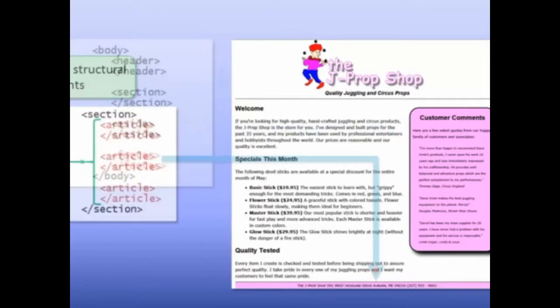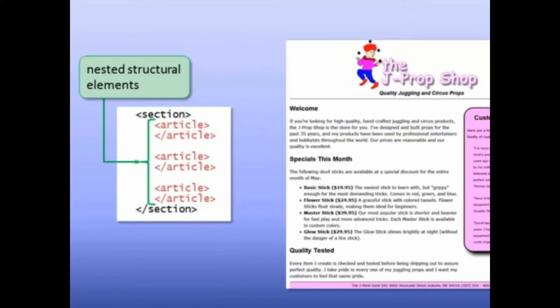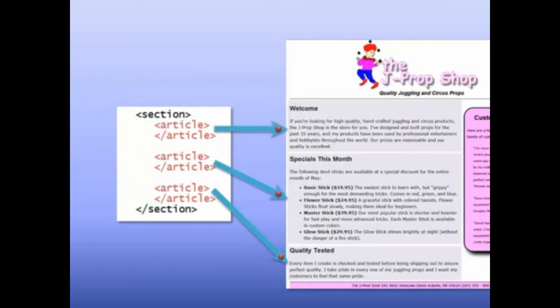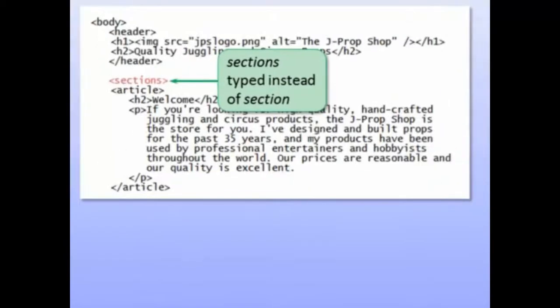You can also nest structural elements within one another. For example, for this web page, you can nest 3 article elements within the section element. This code creates 3 article areas within the large section area. A common mistake with HTML5 structural elements is mistyping an element name.